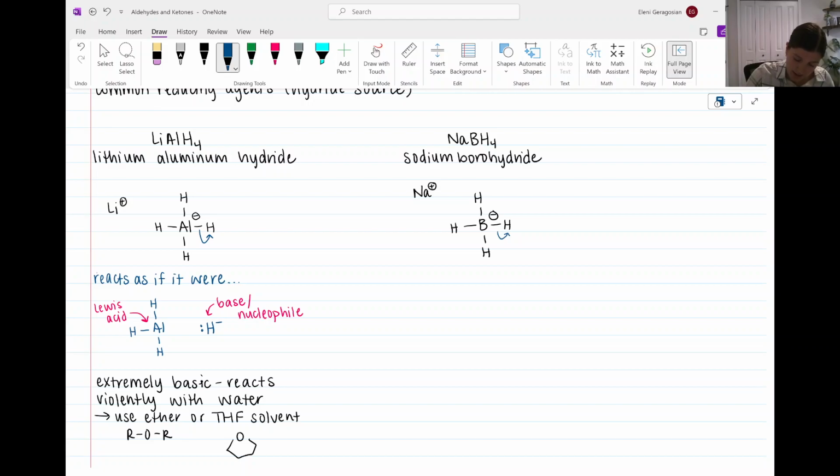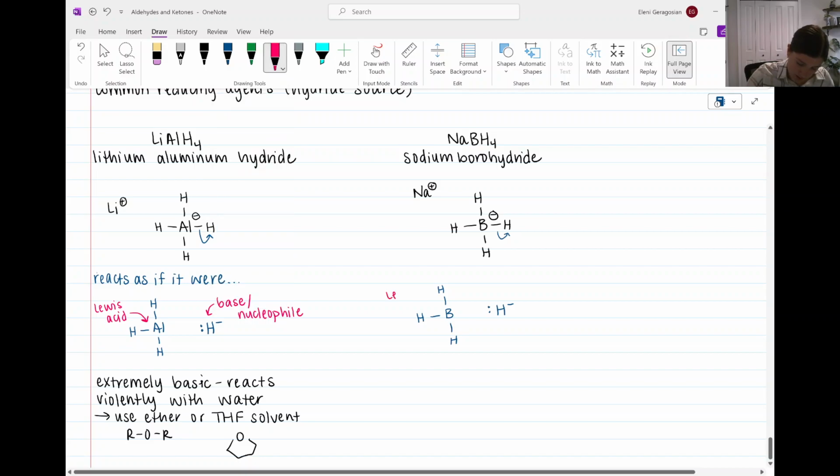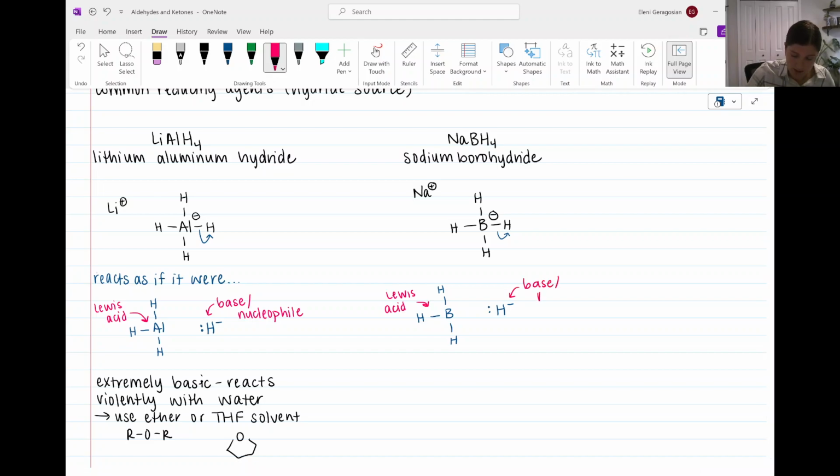So this is how it is a hydride source where we have neutral boron and a hydride ion. Boron can act as a Lewis acid because it is open shell. And here we have our base and nucleophile.